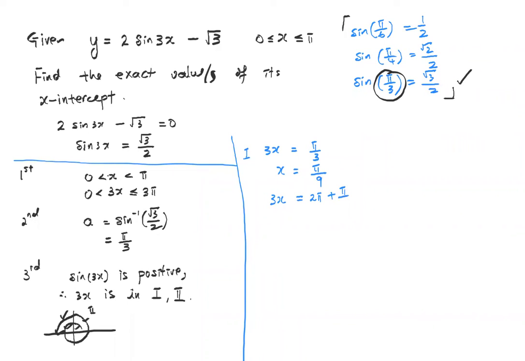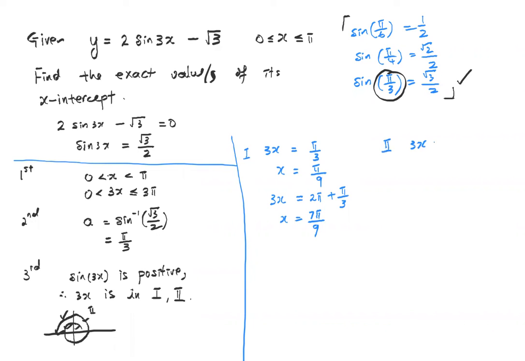Am I right? So you can have 3 times 2 is 6. 6 plus 1, 7. So my x is equal to 7 pi over 9. Settle. So we go to the second quadrant.